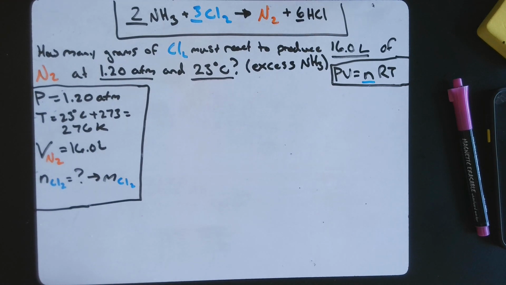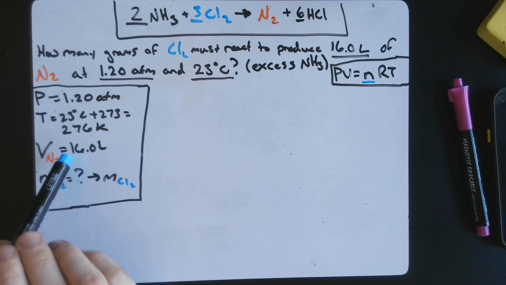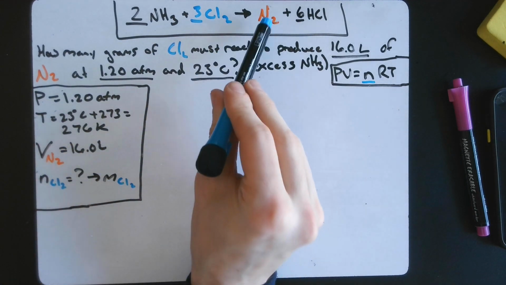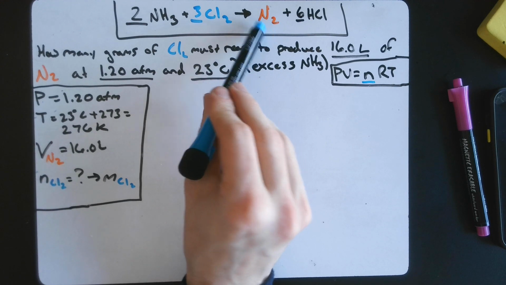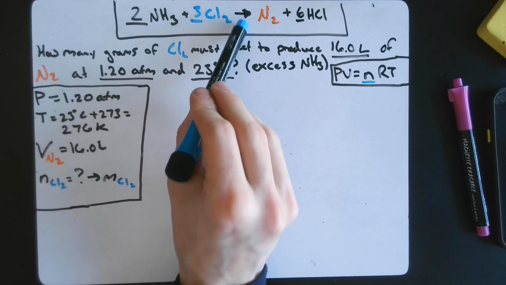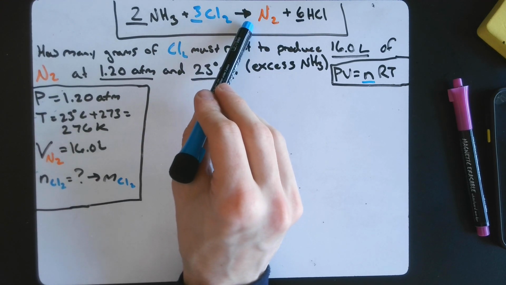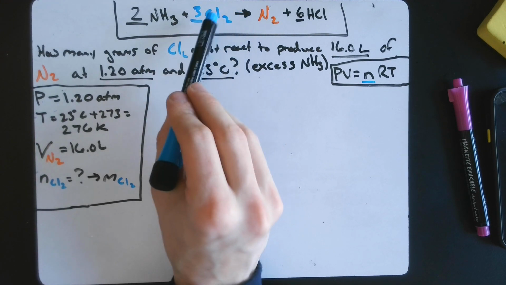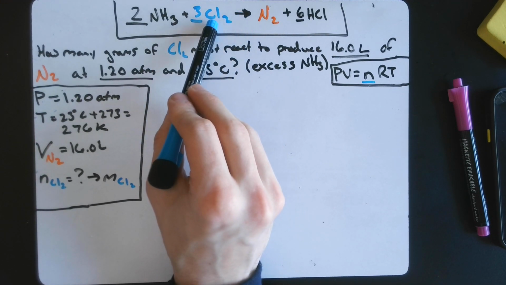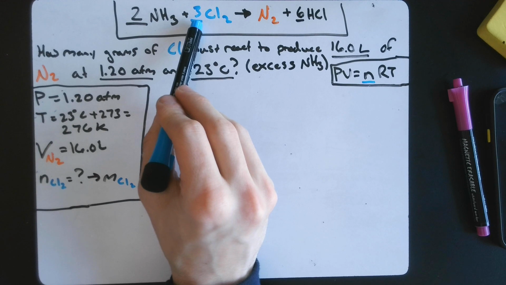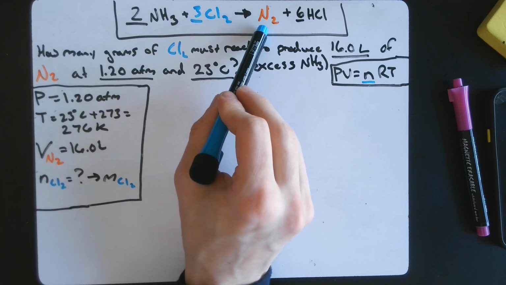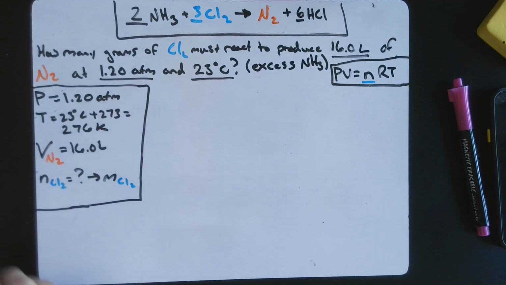But we still have an issue here. And the issue is that we don't know how many moles of nitrogen I have. How can I cross this bridge? If this bridge is the mole-to-mole ratio, and I have to get into moles of chlorine, well, how many moles of nitrogen do I have?